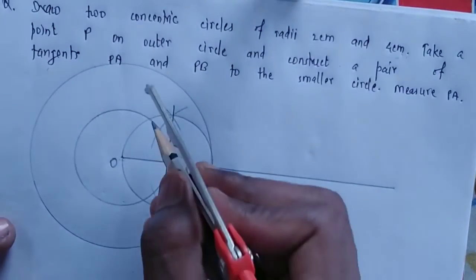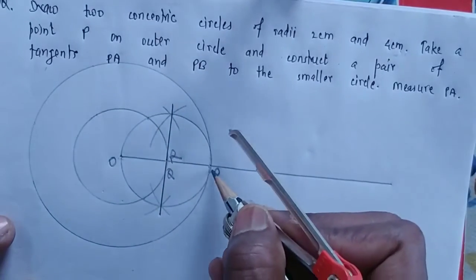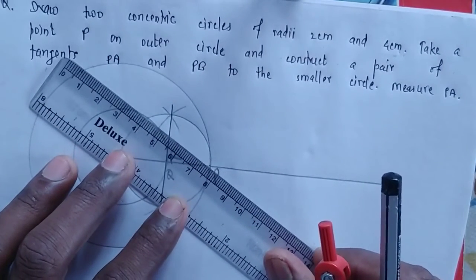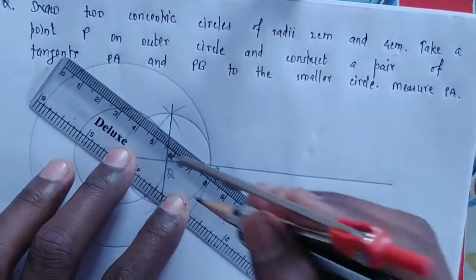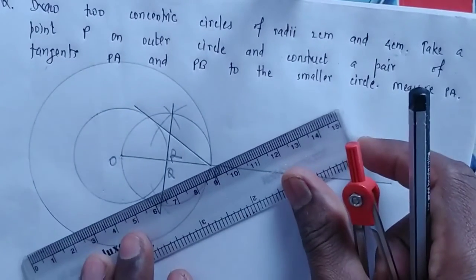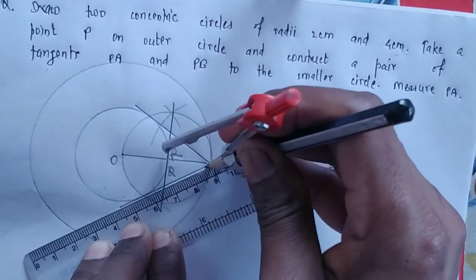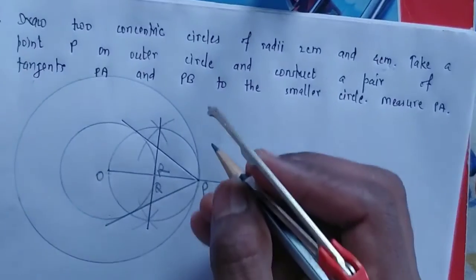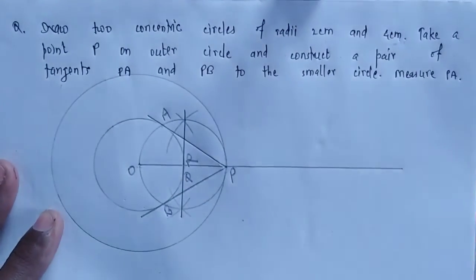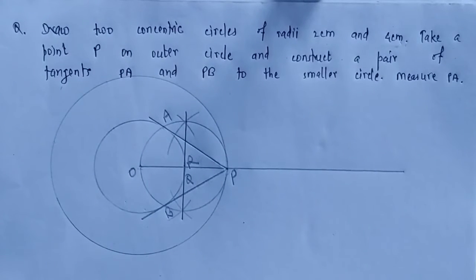So we have to join these points of intersection with point P. As I join, I can call these points A and B. Here PA and PB are the required tangents.